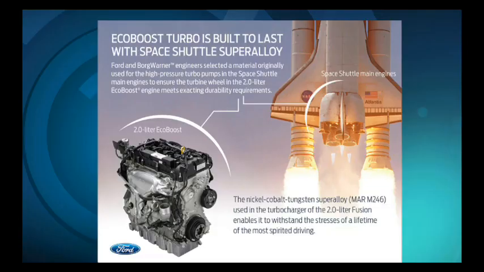It makes it really lightweight and really strong so that we can reduce the spool up time and get rid of any turbo lag we may have, and keeping in mind that the computer controls the boost pressure very closely with closed loop boost control. Let's take a look at that.